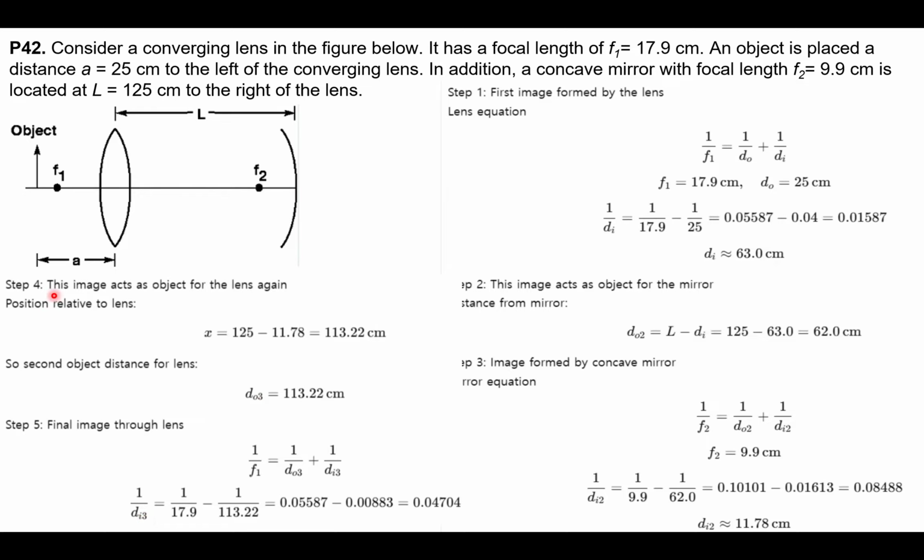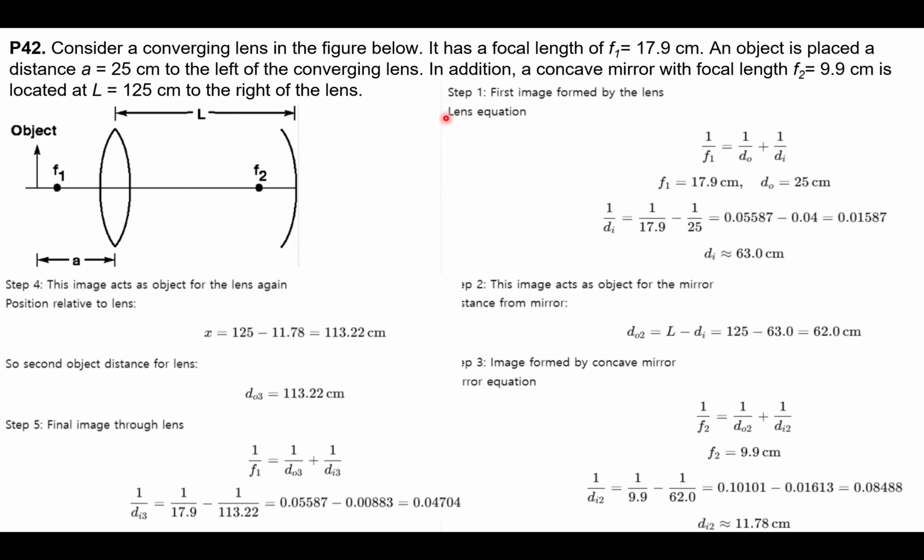So what is happening here is that this object generates an image, and this image generates another one, and then this serves as a third object for this lens. So there are three image formation laws.